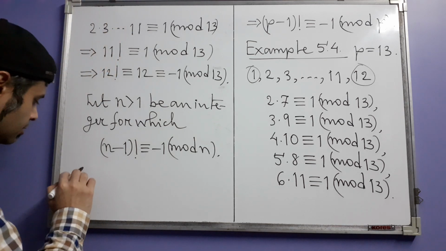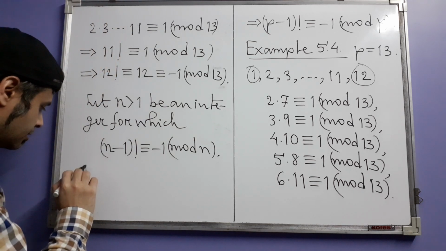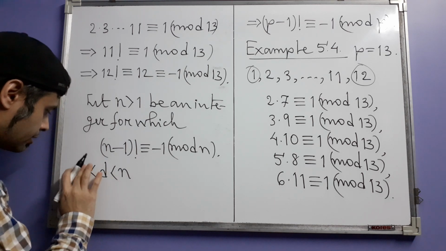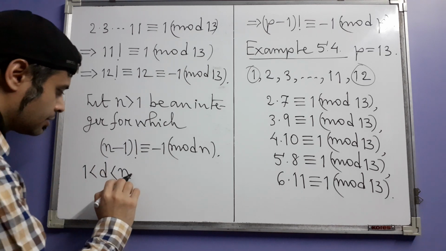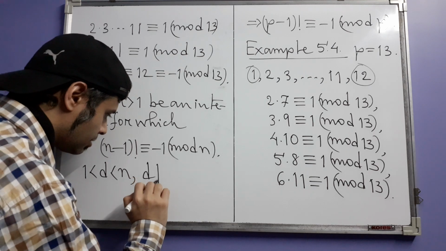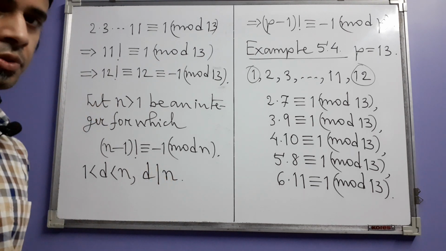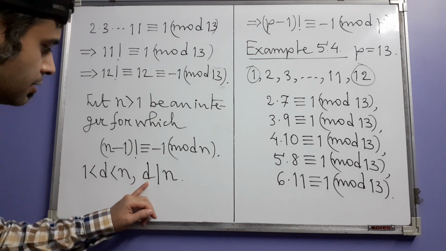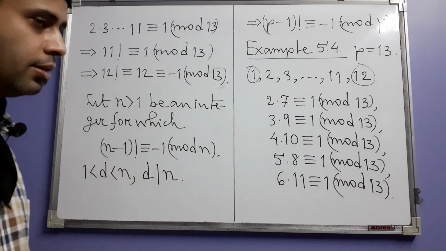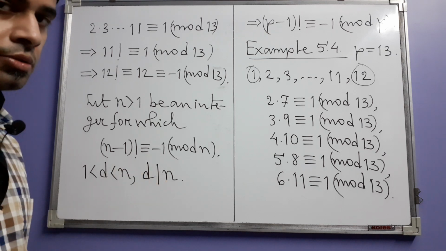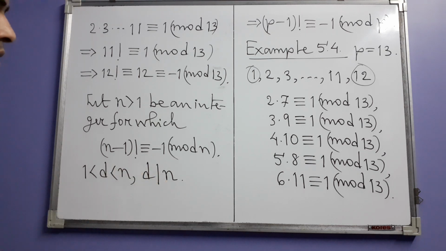And so you will get some integer d which is greater than 1 and less than n, and also it divides n. Okay, so some such proper divisor of n will exist which makes n composite. So this is our supposition.